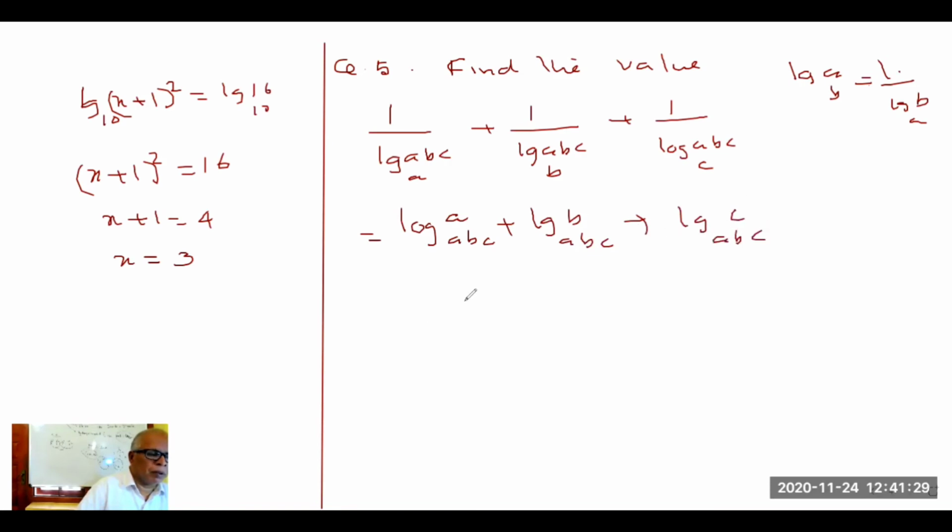Now apply multiplication property: logarithm of abc to the base abc. Therefore it's 1 because logarithm of a to the base a is equal to 1. This problem is over. A very simple sum.